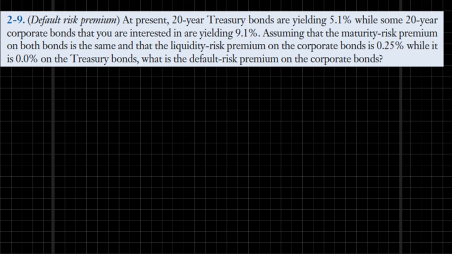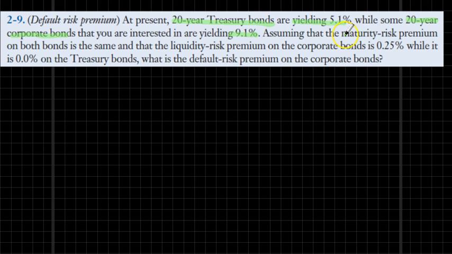So, we are given that a 20-year treasury bond has a nominal interest rate of 5.1%, while some other 20-year corporate bond is currently yielding 9.1%. That would be the nominal interest rate for that corporate bond.